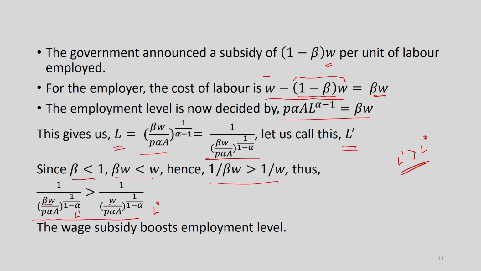So, this is a kind of policy that is often advocated by many people, that if the government wants to improve the employment level in the economy, then what the government can do is that it can tell the producers, look, out of the 100 rupees wage that has to be paid to the laborer, you pay maybe 70% of that, 70 rupees, and I will pay 30%, that I will pay 30 rupees, right.